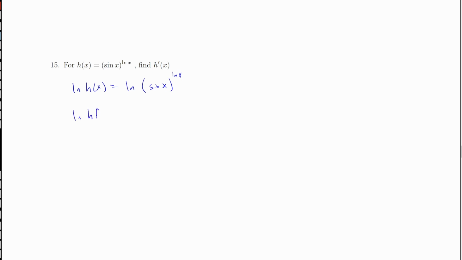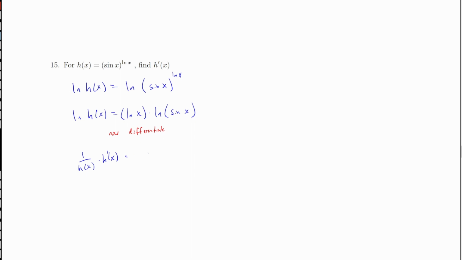So ln of h of x equals ln of x times ln of sine x. And now we differentiate. On the left, the derivative of ln of h of x is 1 over h of x times h prime of x.